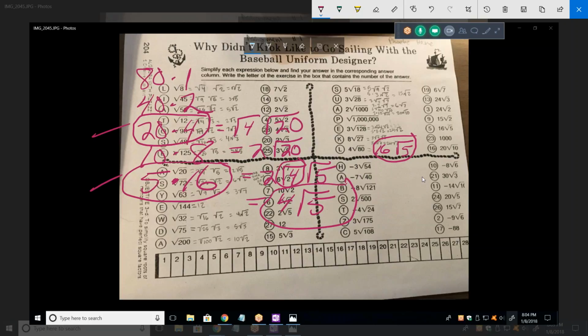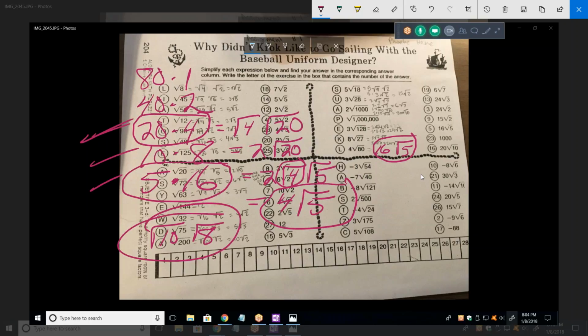You can always get to the correct answer even if you don't start with the biggest perfect square, as long as one of these is a perfect square number. In other words, you wouldn't want to do 10 times 8, because that becomes root 10 times root 8, and I can't really break either one of those down very well, because neither 10 nor 8 is a perfect square number.